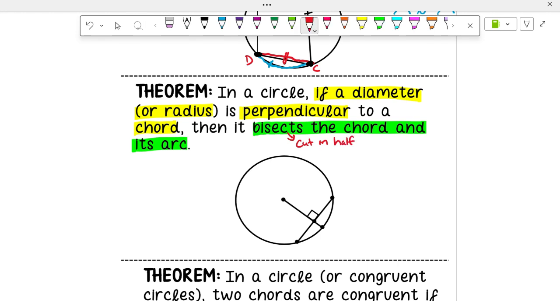So, right here we have a radius, and it's perpendicular to this chord. So let's call this radius AB and then the chord CD.